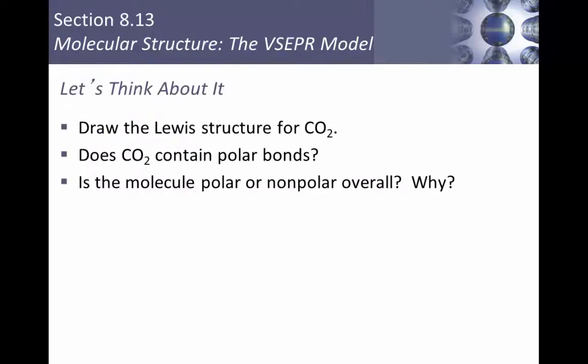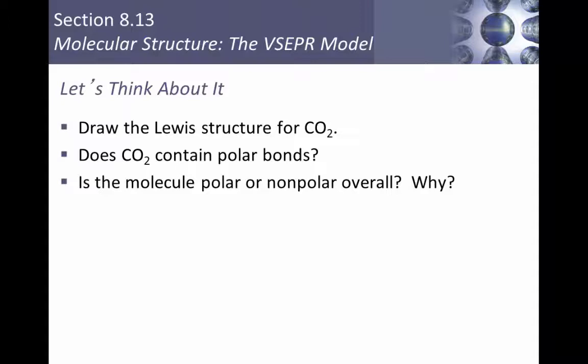So for example, carbon dioxide. You've drawn carbon dioxide once already as Lewis structure practice. You've seen it in this video clip. They've used it in some of the videos. And CO2 contains polar bonds. You can check that out by subtracting the electronegativity values and finding out that the bond is polar.